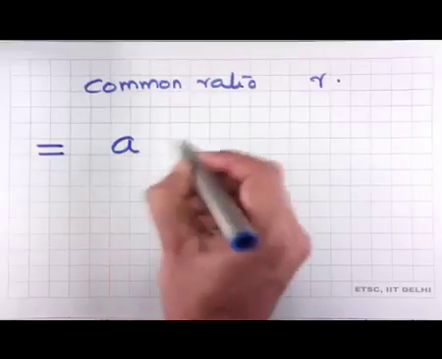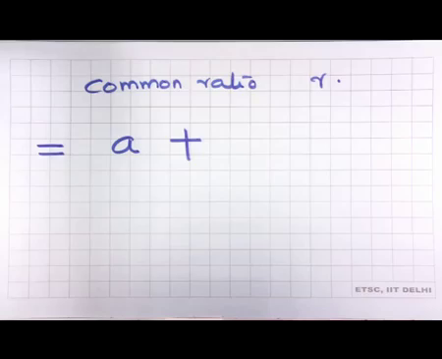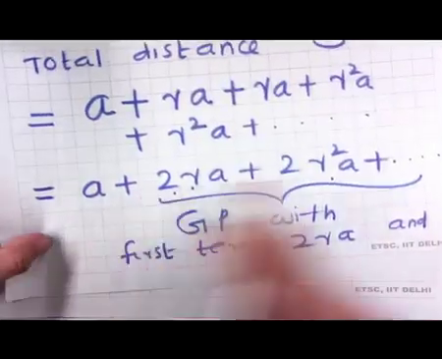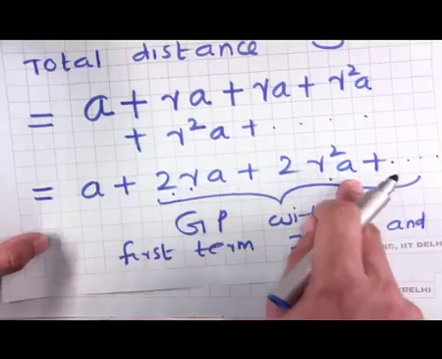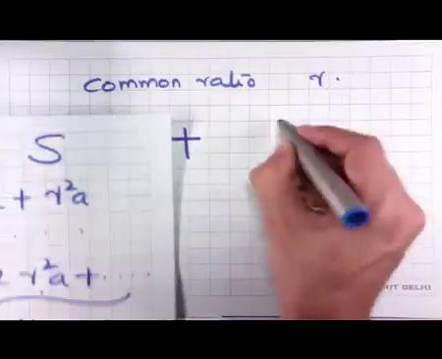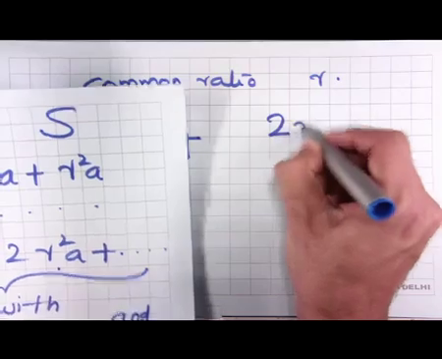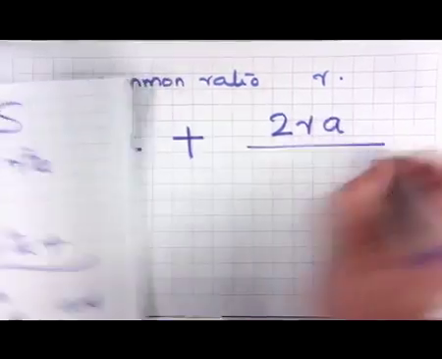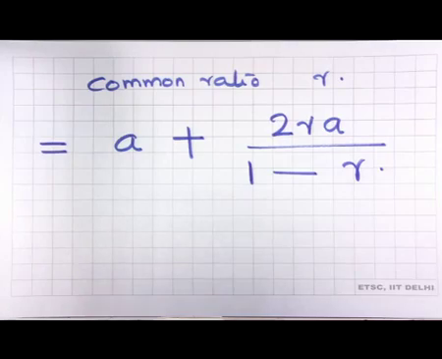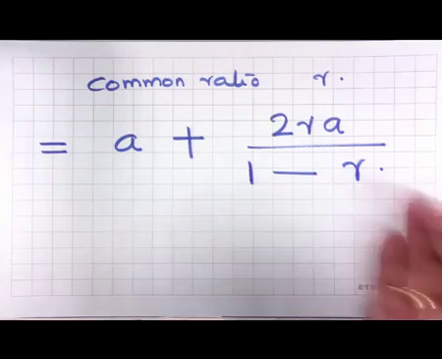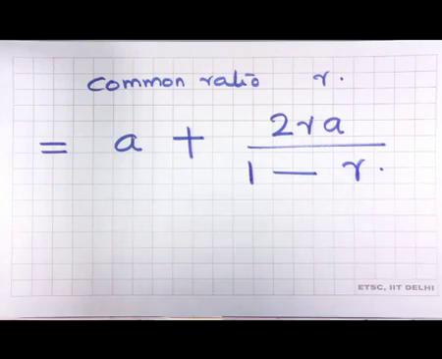Therefore, the required distance is a plus, the remaining is a GP with the first term 2ra, common ratio r. Therefore, sum to infinity of that GP is 2ra by 1 minus r. So, once a is given, we can find the value for the total distance.